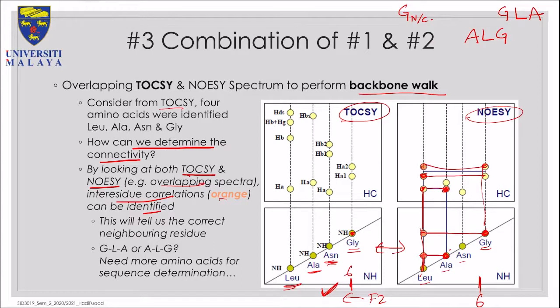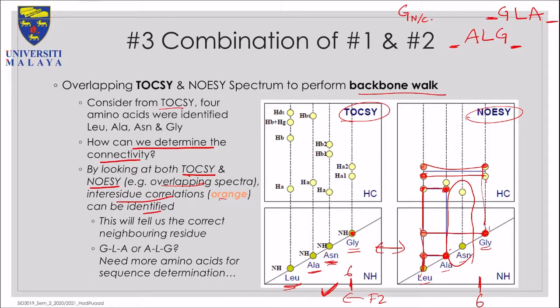So you don't just look at one peak and then say, oh, it's that one. You actually look at a few, because each of them will have overlapping peaks. But if you look at asparagine over there, it's not connected to anything. So asparagine might not be adjacent to this sequence that you get.